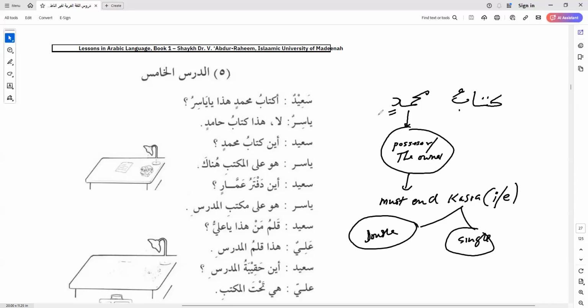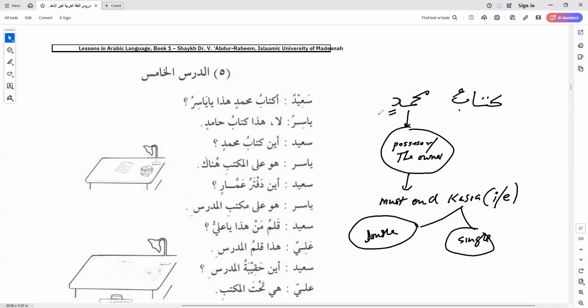But the first name of a person in Lughat al-Arabiyya cannot have a definite article, just as in English. So you can see that we are saying Kitabu Muhammadin.